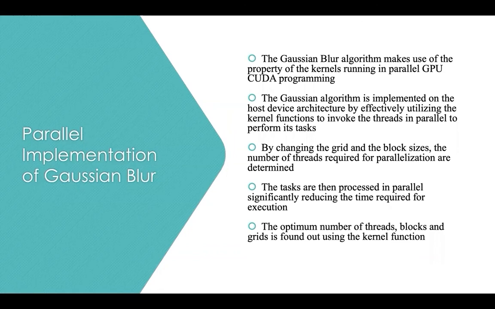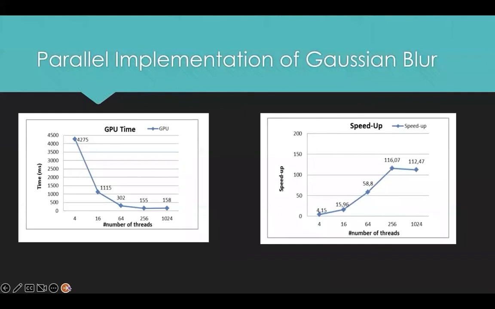Let's see the performance of the Gaussian blur algorithm when it is executed in parallel. The following two images show the GPU execution time and speed up in execution time respectively for a 1024 cross 680 resolution image when the Gaussian blur algorithm is implemented on it.